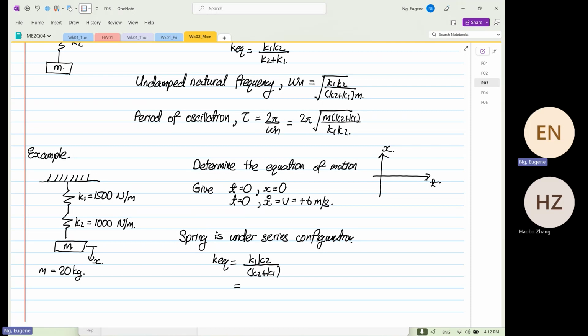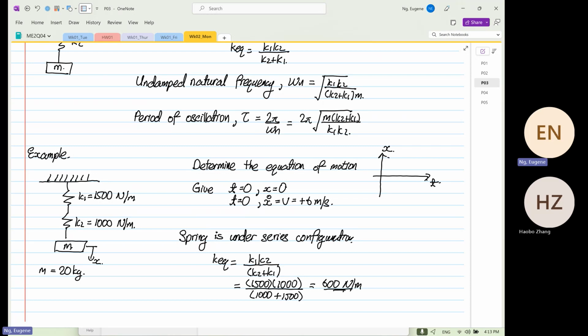We just plug in the numbers for now: 1,500 multiplied by 1,000 divided by 1,000 plus 1,500. So this is equal to 1,500 times 1,000 divided by 2,500, which is equal to 600 Newton per meter.